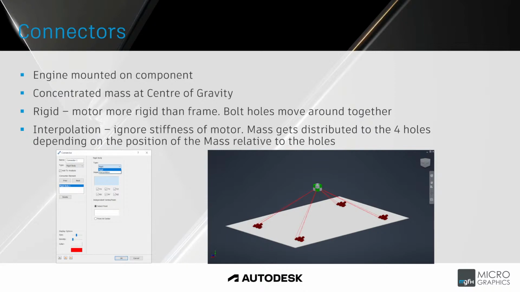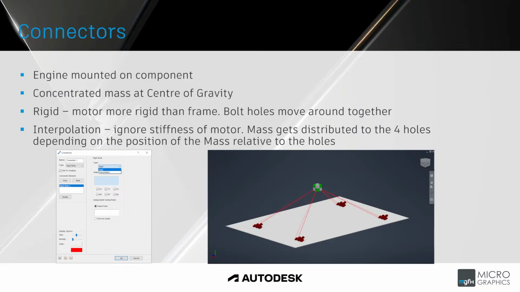What you could do is find the model of the motor, bring it in, put it down on the skid, and then run idealization of that. But if you have to run an idealization on a big motor, it's got lots of curves, and it's going to take a very, very long time for Nastran to run that analysis, just to calculate how the forces are going to run through that. So you want to simplify it down as much as possible.